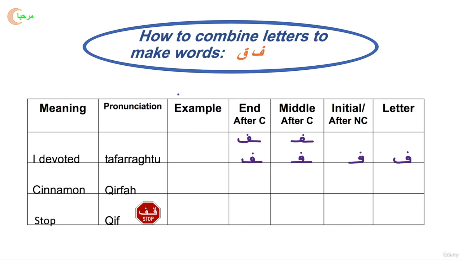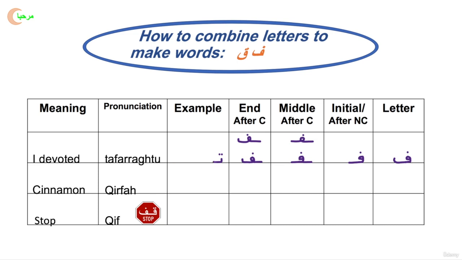Great. Now we have an example here, so let's do it together. If you have a pen and paper, try it with me. So the first letter here is ta. Ta. So we write the ta. And remember, we are not writing the vowels. So the ta first with two dots on top that we can join also. And then we have the fa in the middle.